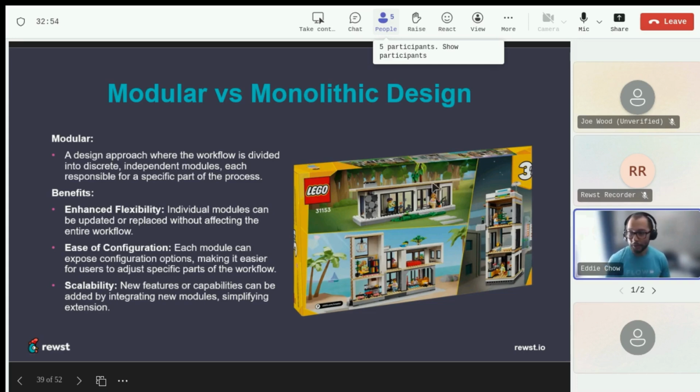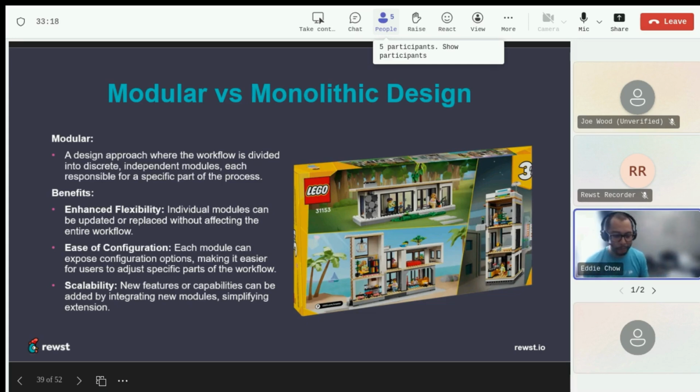And ultimately, in the long run, we're saving much more time in debugging, in troubleshooting, in scaling. With a modular design, we don't need to spend all of that time trying to figure out the greater workflow of how everything works. We just need to figure out what's happening inside of that one single sub workflow.